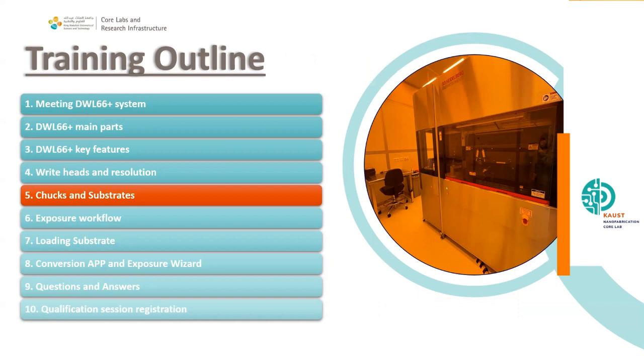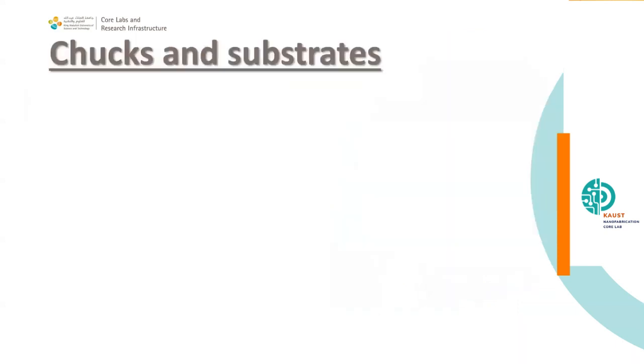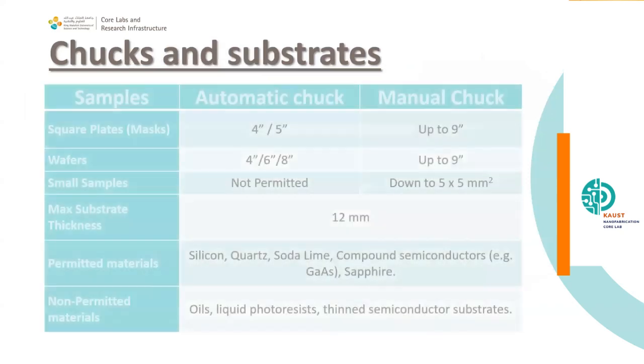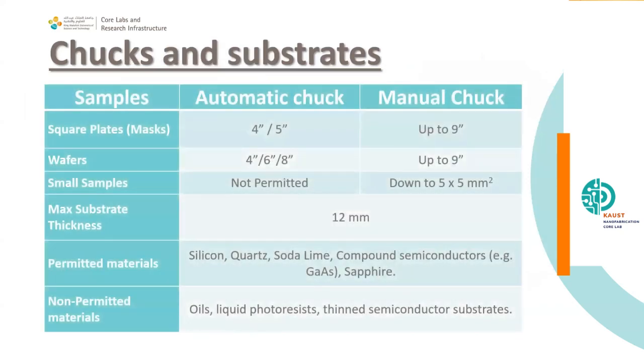Next, we will talk about the chucks, because we have different chucks due to the automatic loading system, and each chuck can accept different types of samples. So these are the 2 ones, and it's very easy to exchange the chuck. If you take the training for the qualification, I will show you how to change the chuck. And these are the substrates that you can use with each of them.